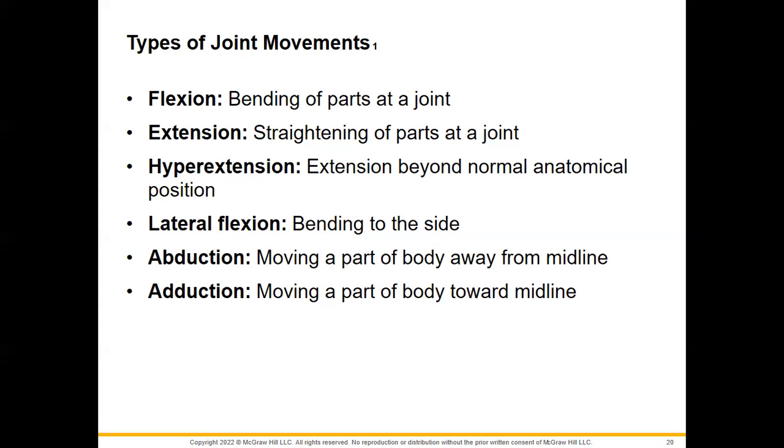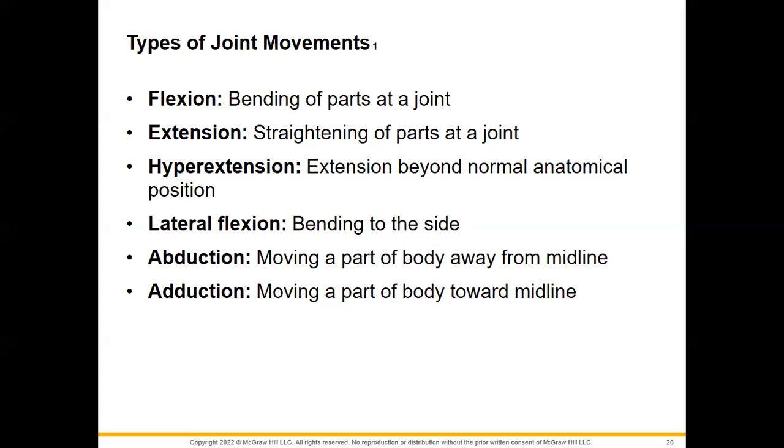Hyperextension is when you go beyond normal anatomical position. Remember that anatomical position is when a person is standing straight up, head forward, eyes straight ahead, feet about hip width apart, toes facing forward, arms at the side, palms facing forward. So in that position, when you're standing erect, all of your joints, or most of your joints, are in extension, because this is where your joints are straightened.